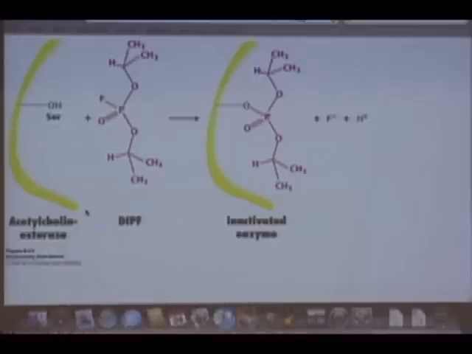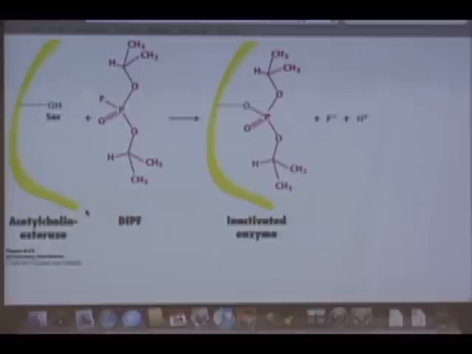The first of these is a very general kind of inhibitor. It doesn't have a specific name, and it's a general kind of inhibitor because it's reactive for a specific group. The group that this inhibitor is specific for is the hydroxyl R group of serine. The inhibitor is called DIPF, which has a long name that I won't give you here.